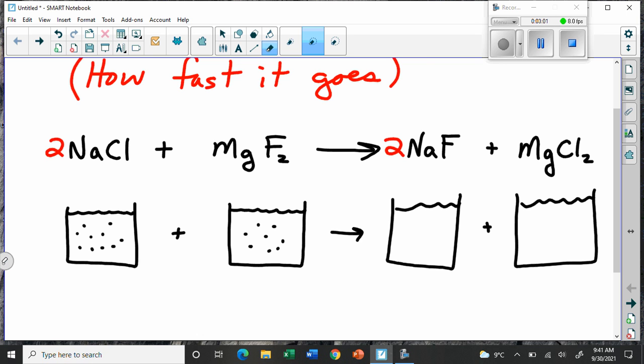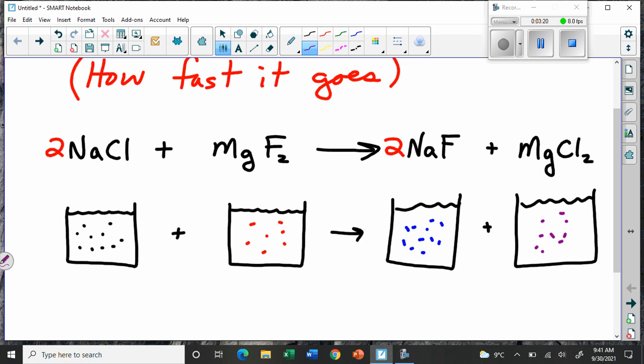Actually, I'll use a different color for that. Not that it really matters, but just, okay? Now, when we're done, they've all traded partners, right? And now we have over here sodium fluoride, which is a different partner, and over here magnesium chloride instead of magnesium fluoride. But let's think about what happens right here when they're all mixed together.